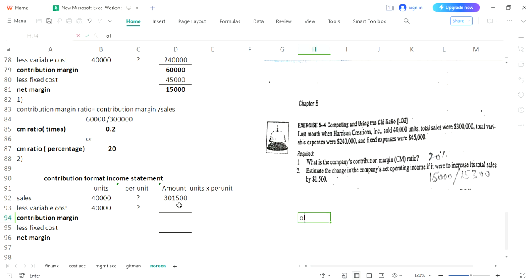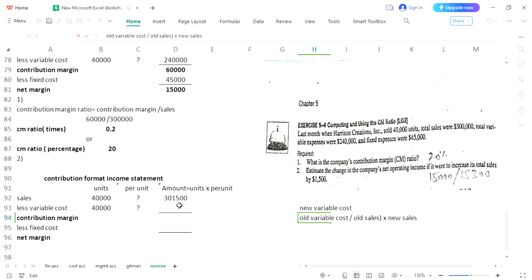So what you will do is take the old variable cost, divide it by the old sales, and then multiply it by your new sales. This way you will be able to calculate your new variable cost.